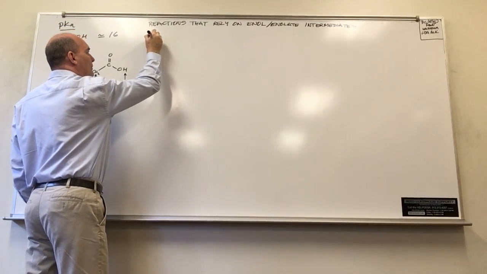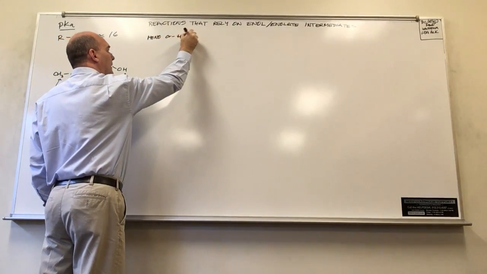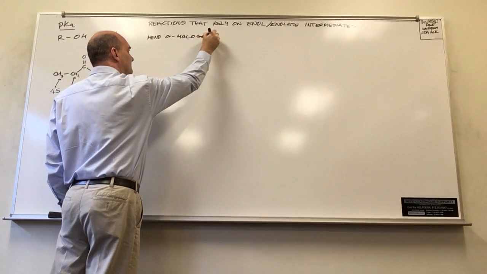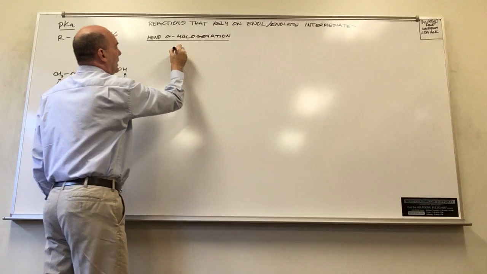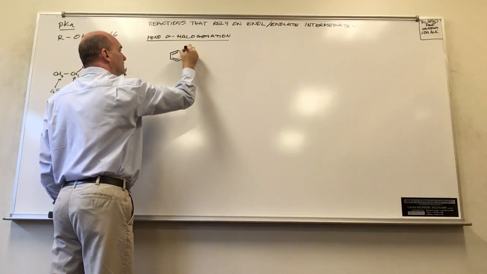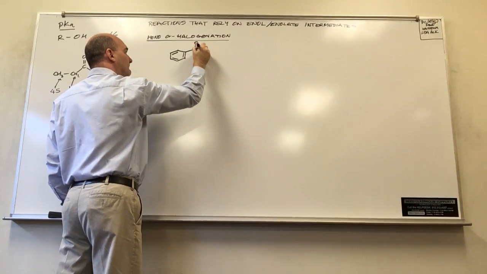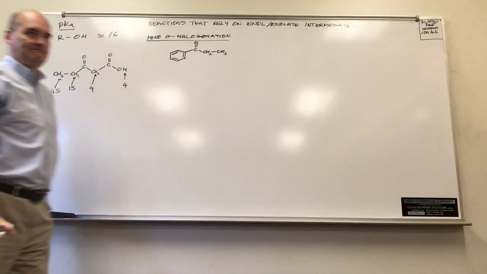So I'm going to do a mono alpha halogenation. Like this.